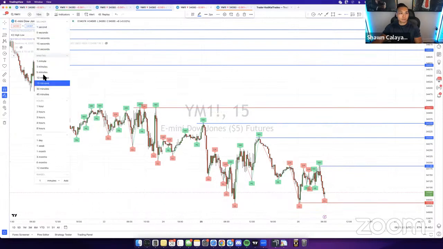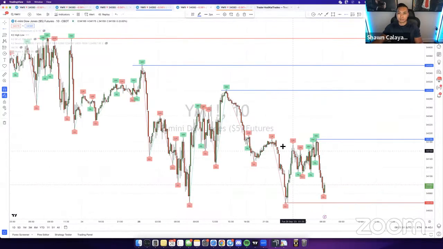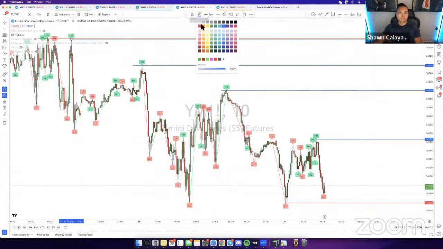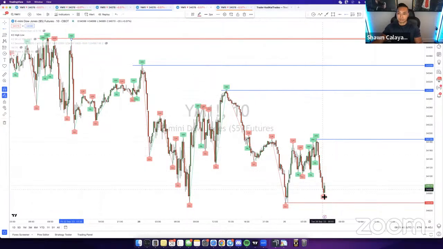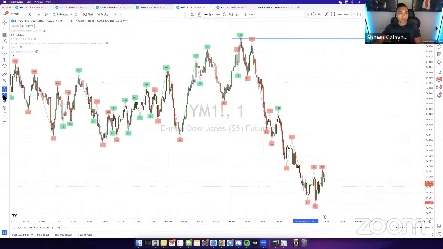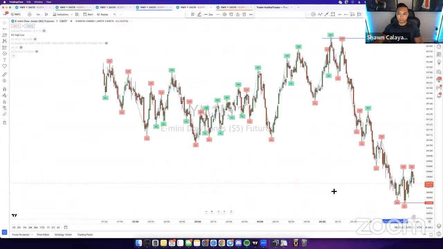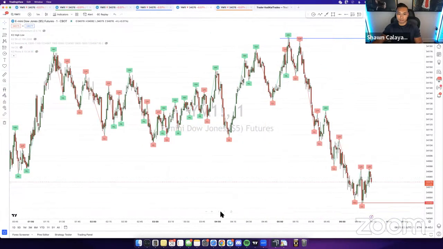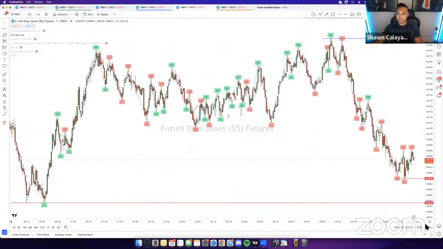All right, that's good. Going down to the 10-minute. So I think that should be it right there. So we got all liquidity marked up right here. We have liquidity down below. It's sitting at 34,060.